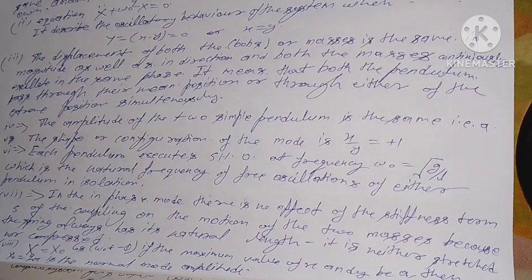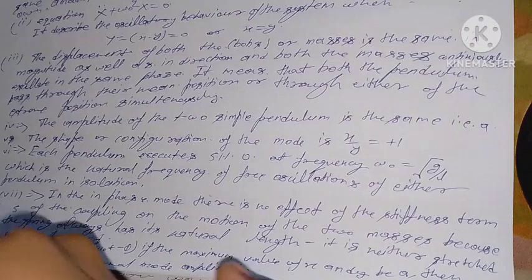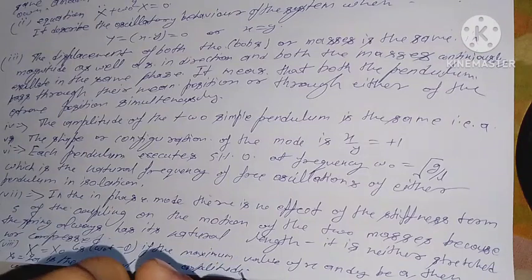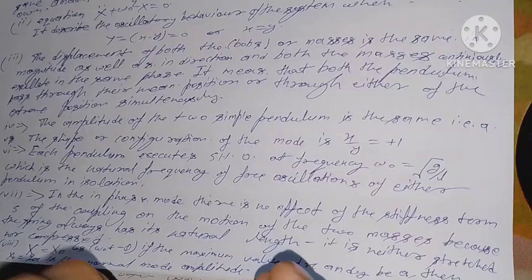Second, the equation: d²x/dt² plus omega naught squared x equals 0. It describes the oscillatory behavior of the system when x minus y equals 0, that is, x equals y. Third point, the displacement of both the balls or masses is the same in magnitude as well as in direction, and both the masses continuously oscillate in the same phase.